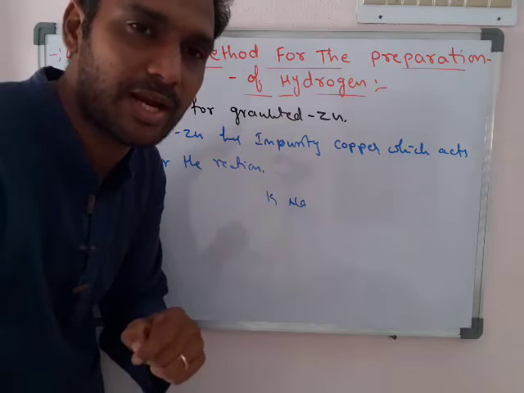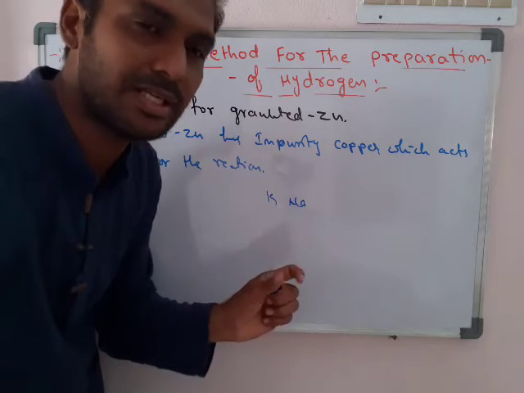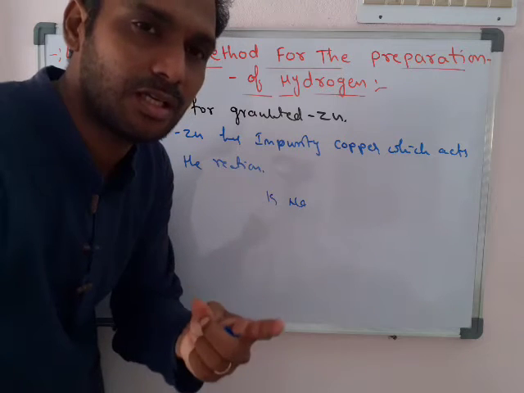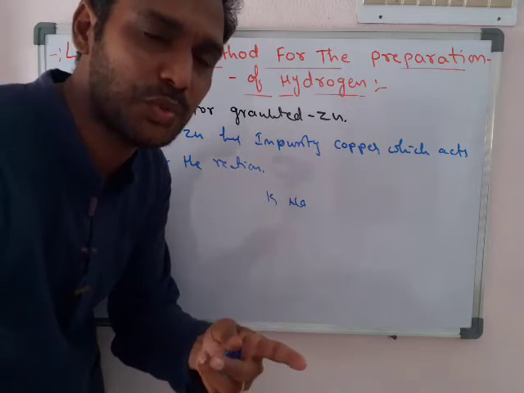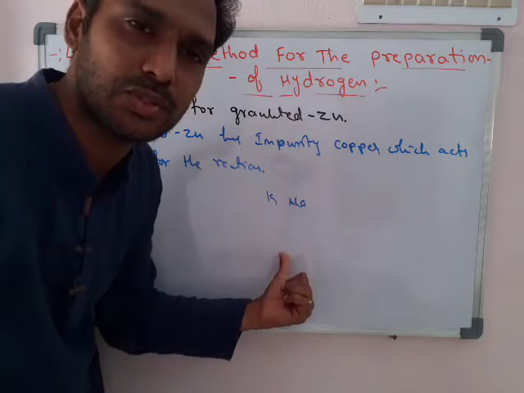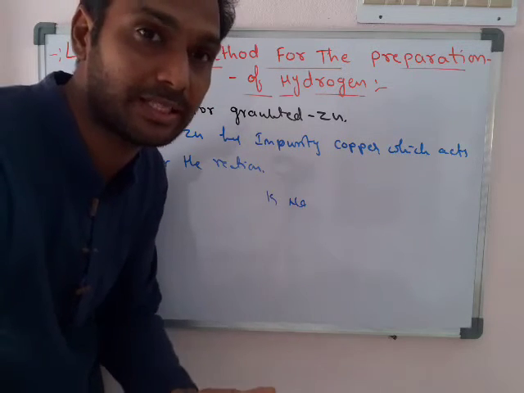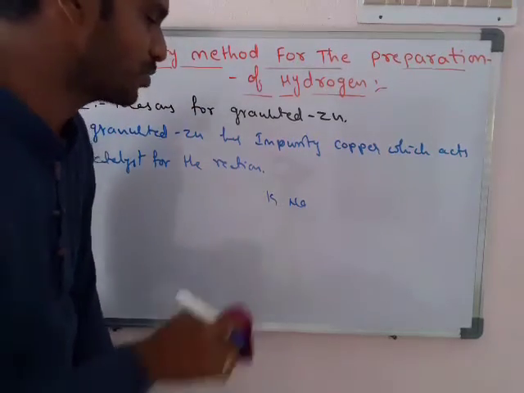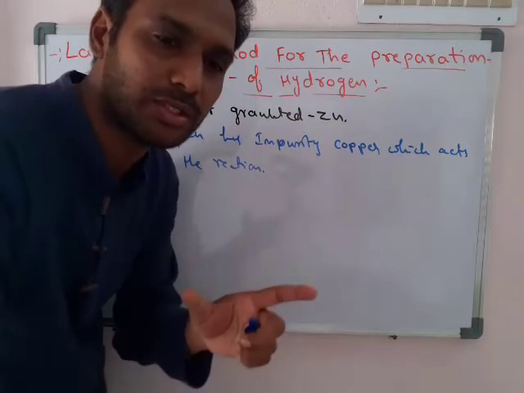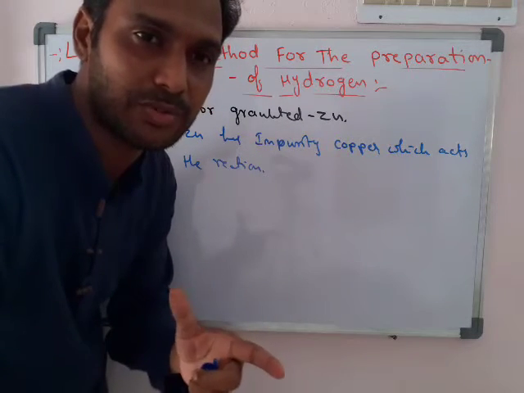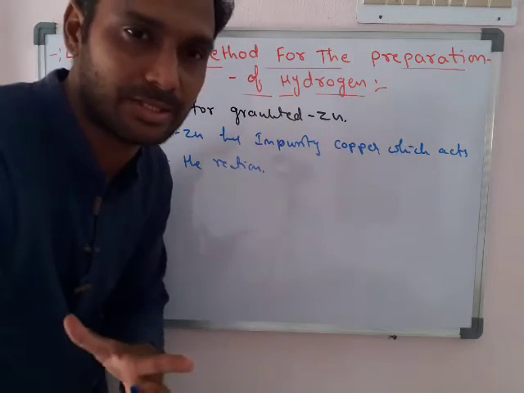In the preparation of hydrogen gas, we saw that the metals are treated with acid, HCl or H2SO4, to get the hydrogen. They release hydrogen gas, but the reaction takes place very violently. So potassium and sodium are not at all preferred to prepare hydrogen gas, as the reactions are violent.